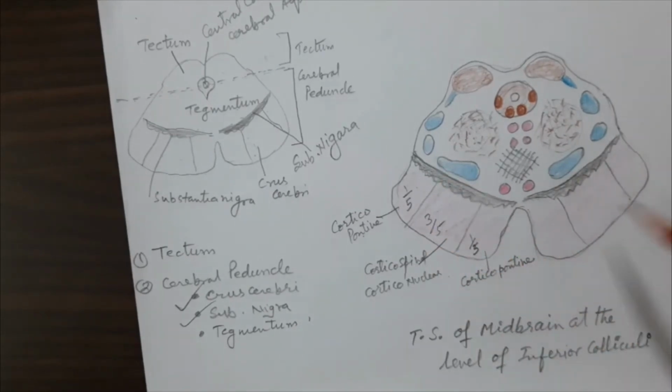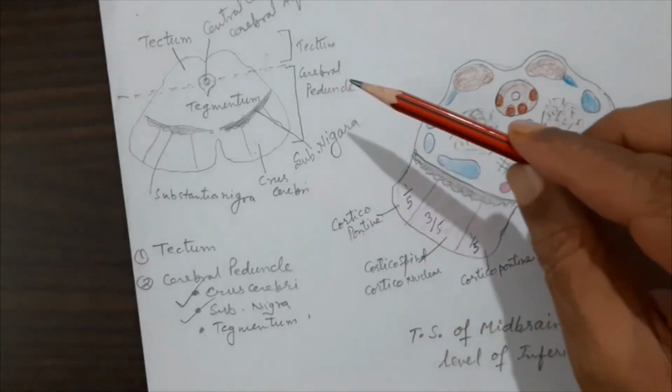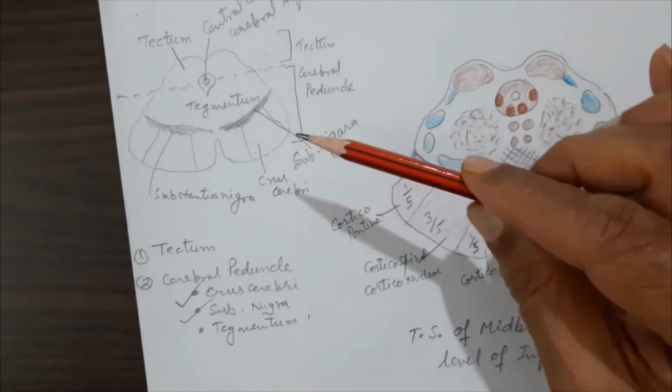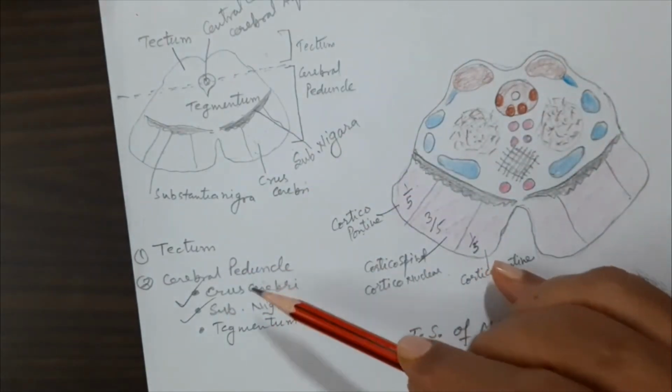Fibers of the corticopontocerebellar pathway go to the cerebellum. So this is that part of the cerebral peduncle, the most ventral part, which we call the crus cerebri.